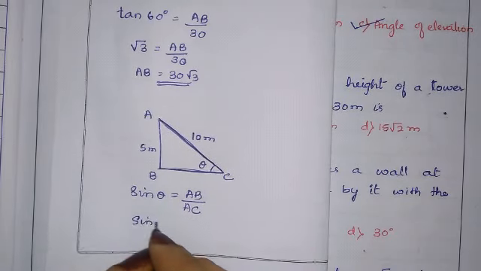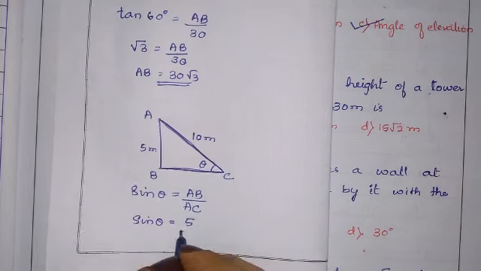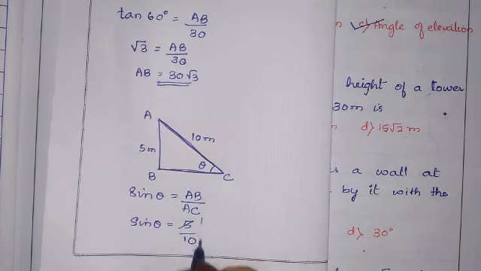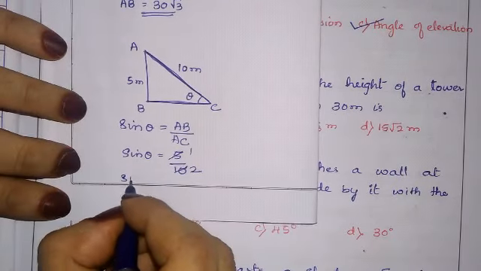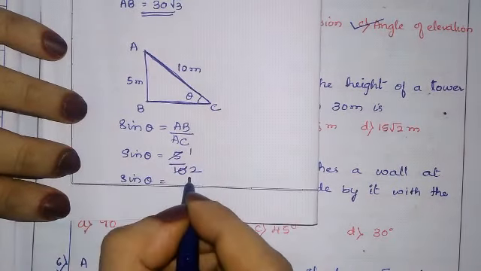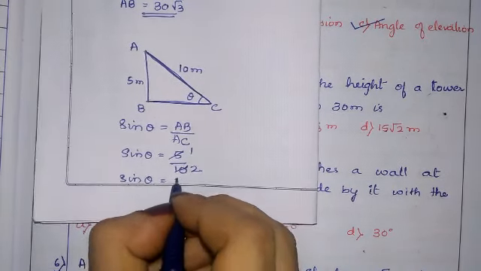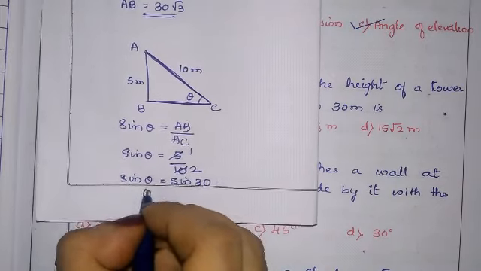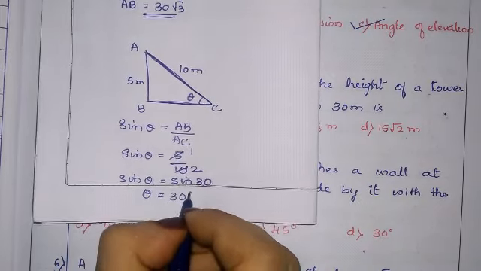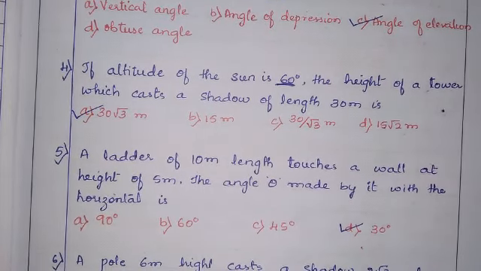AB value is 5 upon 10. 5 1s are 5, 5 2s are 10. So in the sine table, half comes for what value? It comes for 30 degrees. Sine 30 is nothing but half. Sine gone means theta is equal to 30 degree. So the correct option is D, 30 degree.